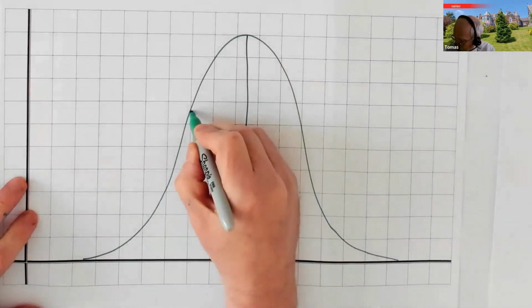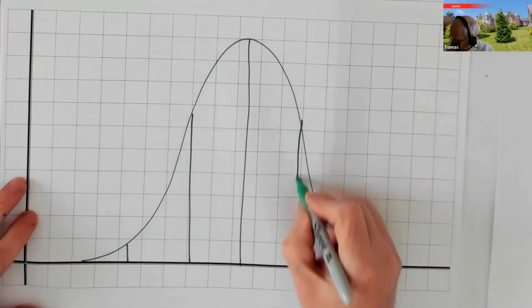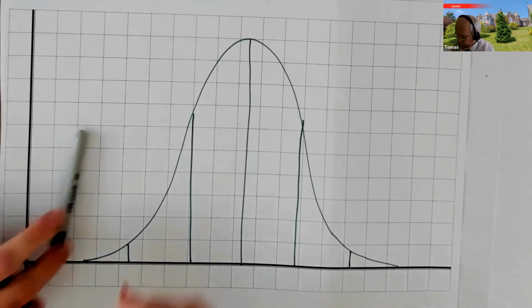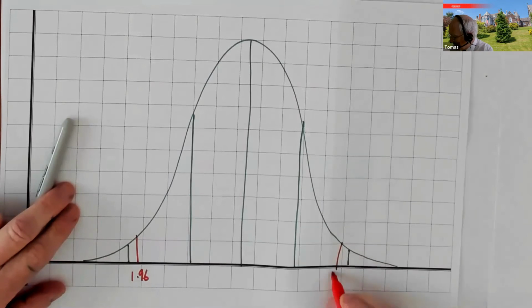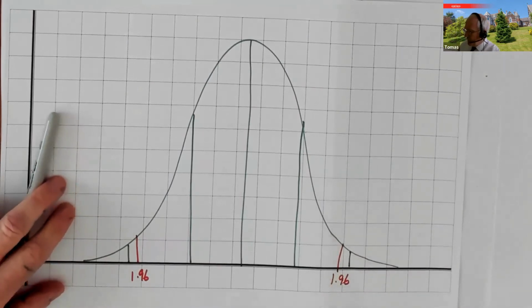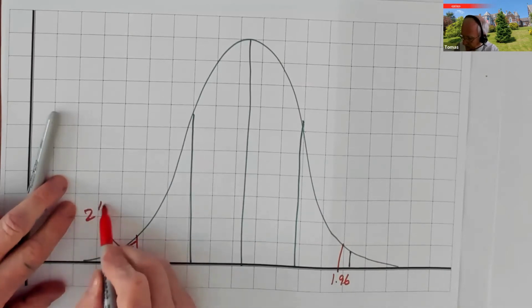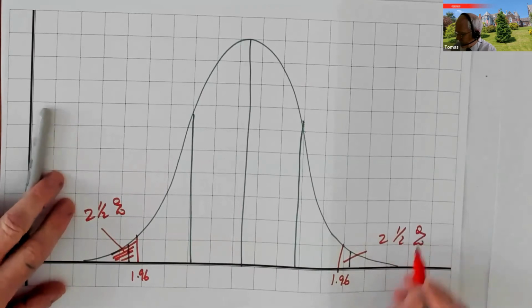But if I go down 1 and 2, 1 and 2, if I go down to 1.96 standard deviations, not to 2, I actually end up with a lovely number of 2.5% here and 2.5% here.